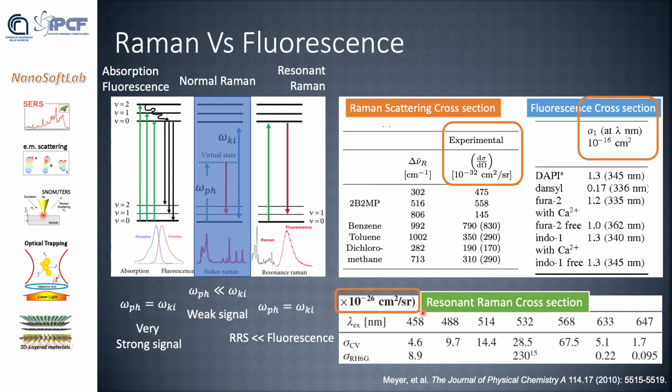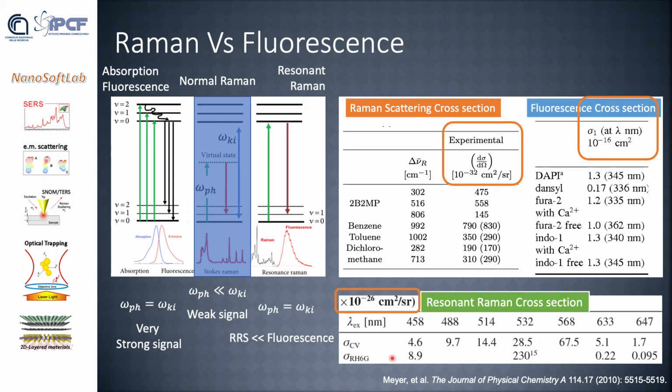Here for cresyl violet, we can see that if we tune the wavelength in order to be resonant, we will have an increase of the signal of basically a factor of one order of magnitude, at 568.